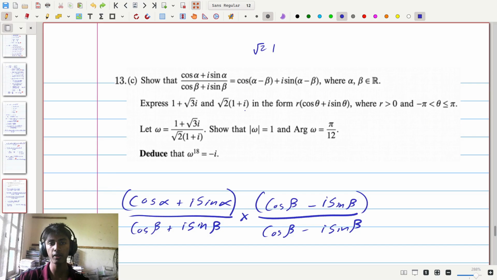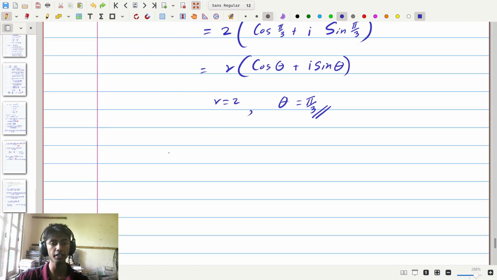In this case as well, we need to factorize out a 2 and then take the remainder and turn that into trigonometric functions. So we can write root 2 times 1 plus I, and if I factorize out a 2, dividing by 2, one of the root 2's cancels, and we have another root 2 in the denominator. So we get 2 times 1 over root 2 plus 1 over root 2i.